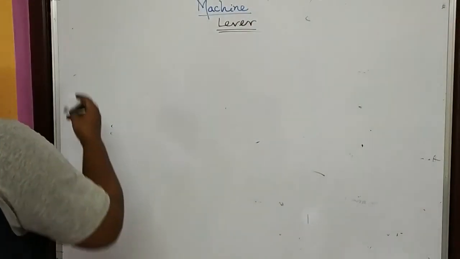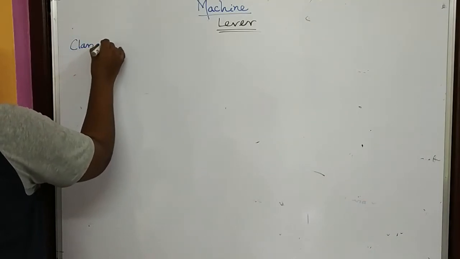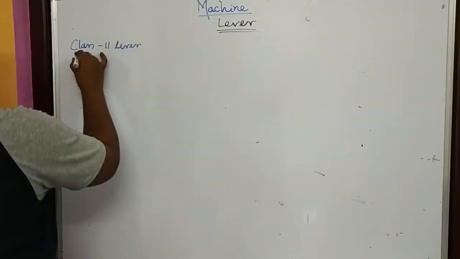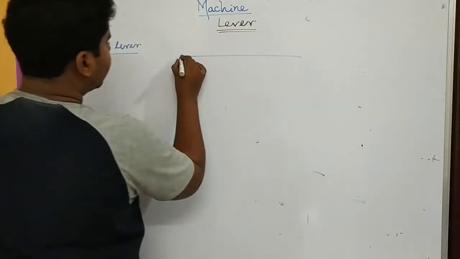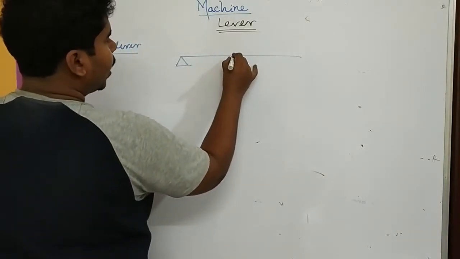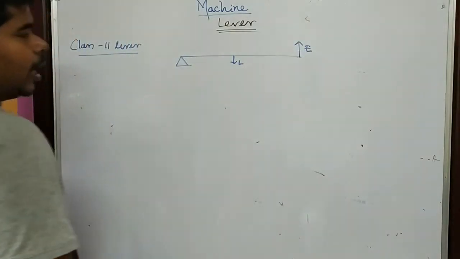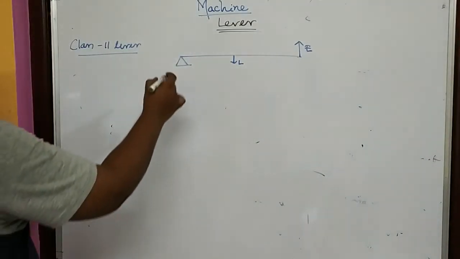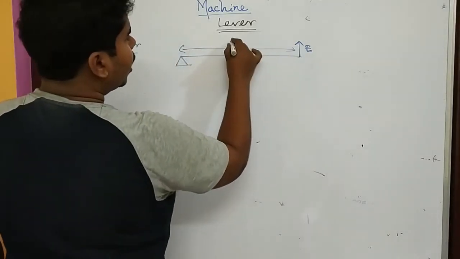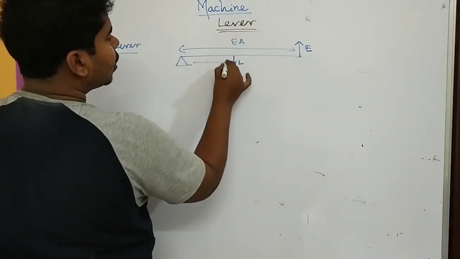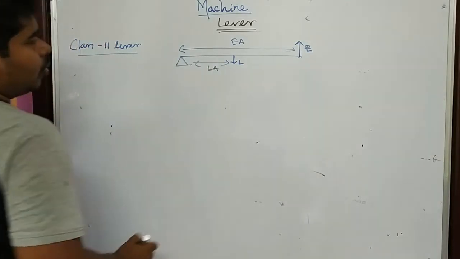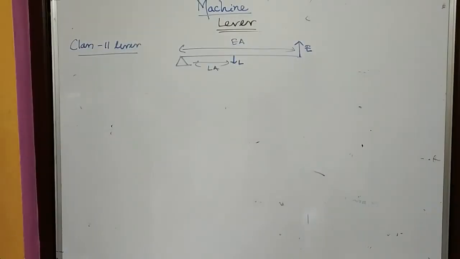Okay. Class 2 lever. So in a class 2 lever, the fulcrum is at one point, at another point the load is acting, and the effort is acting at the other terminal. So here clearly you see the effort arm is longer than the load arm. Instruments like a bottle opener, paper cutter, nut cracker are of this type.